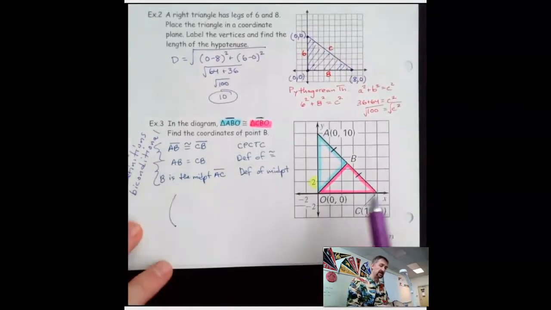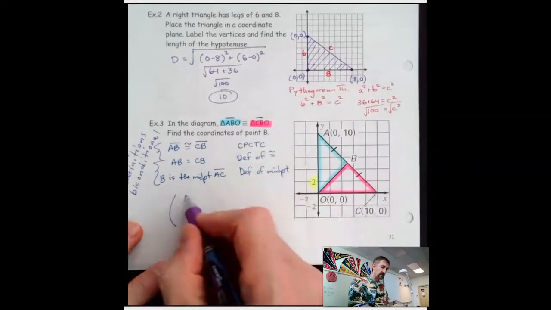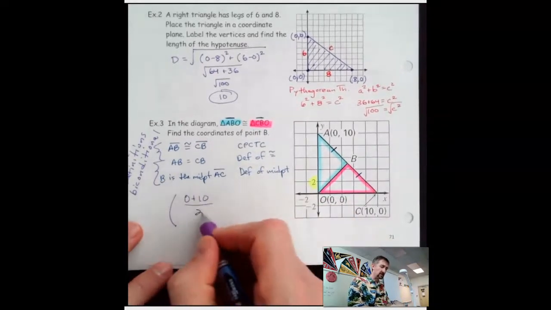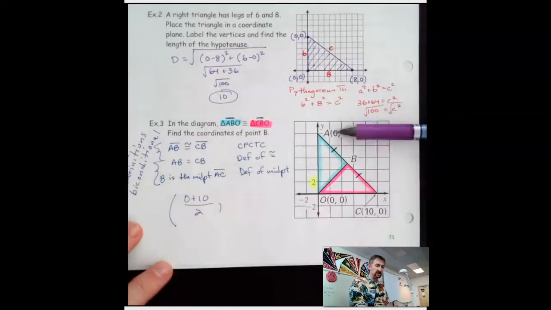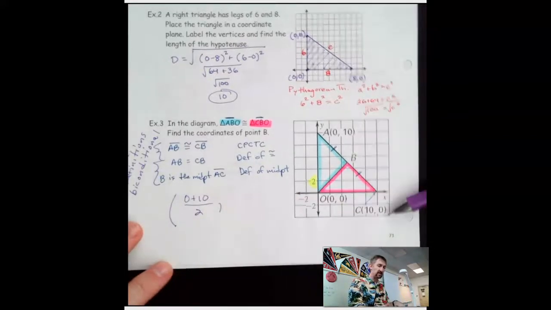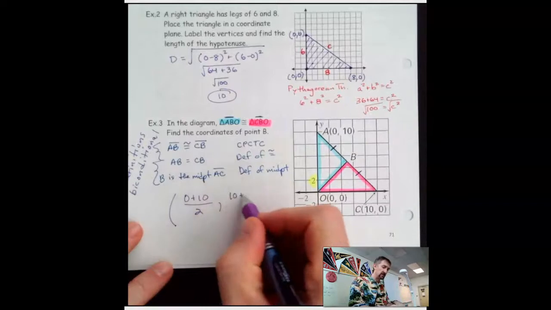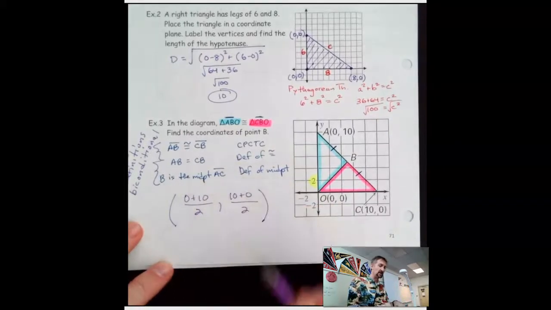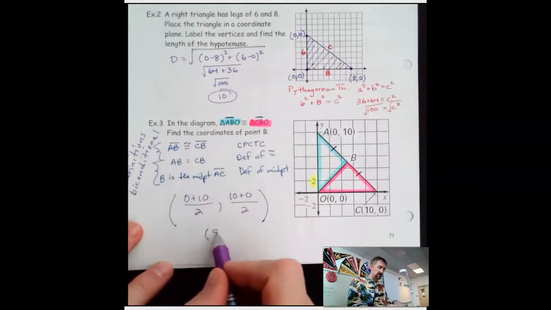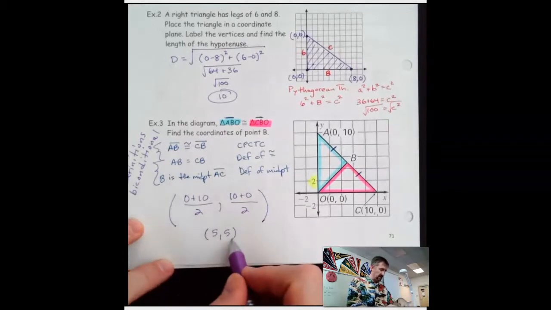Anyway, the midpoint is the average of the x's, so 0 plus 10 divided by 2. And since I said 0 plus 10 divided by 2, the next one should be 10 plus 0, because we should go in the same order both times. So that's just going to be 5, 5.